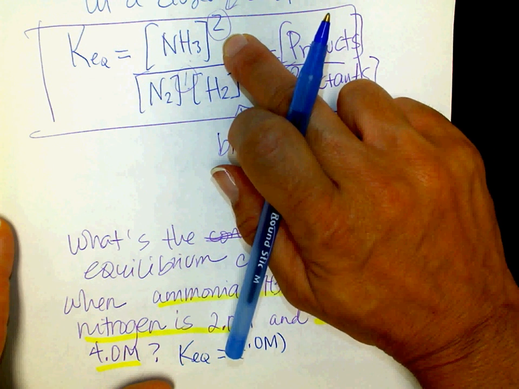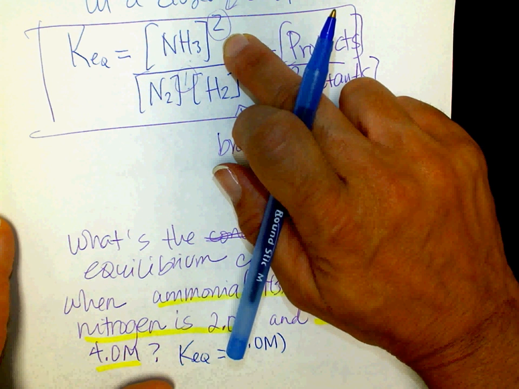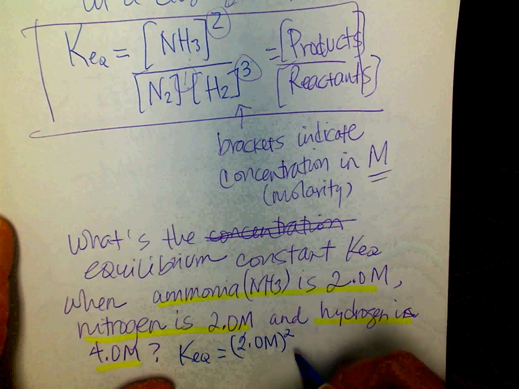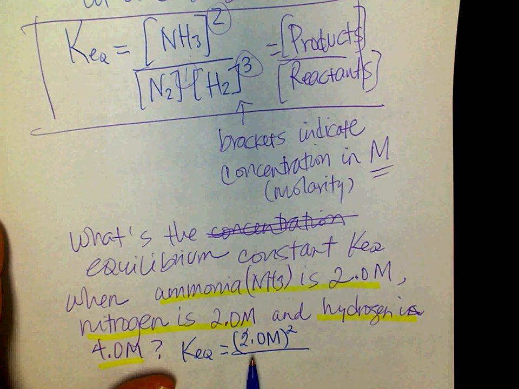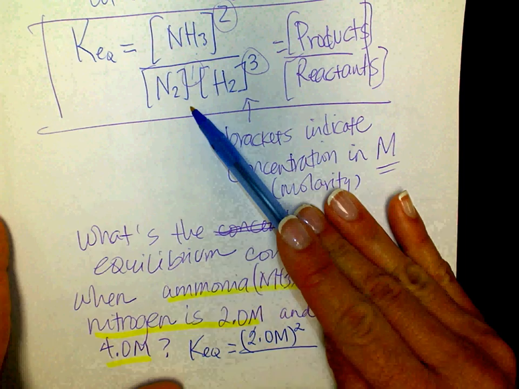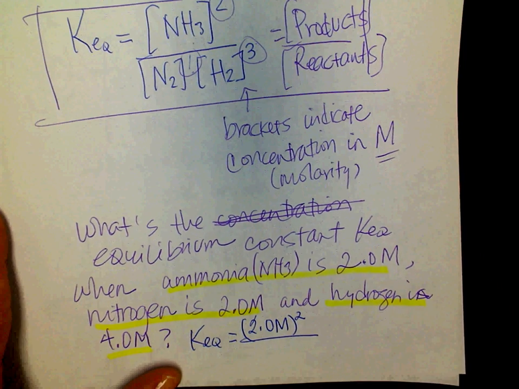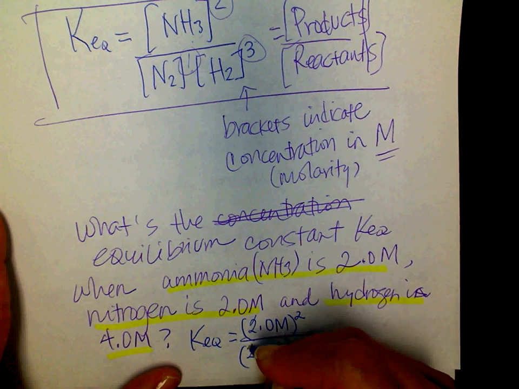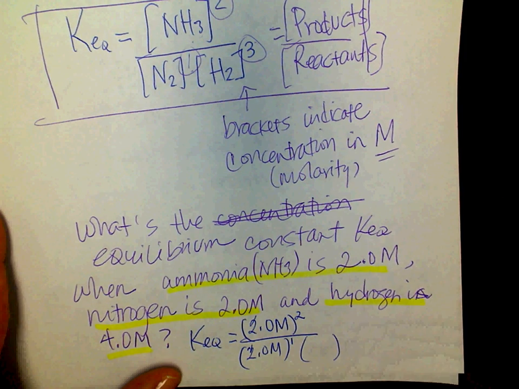What does this 2 exponent mean? Square it. Okay. Now, nitrogen. What's the concentration of nitrogen? 2. What do I do to that as far as my exponents are concerned? Just take it to the first power, which means we just leave it like it is.